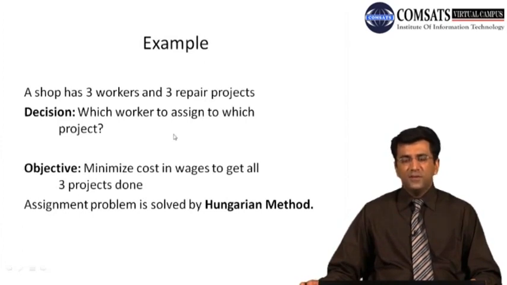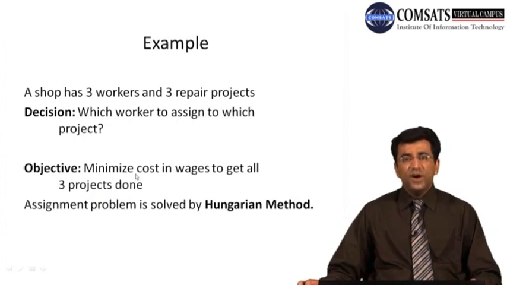Again students, let's have a practical example: a shop has 3 workers and 3 repair projects, and he will have to decide which worker to assign to which project. So this is the situation in which we can use this assignment model method, and of course in this particular case our objective may be the minimization of cost in wages to get all the 3 projects done.